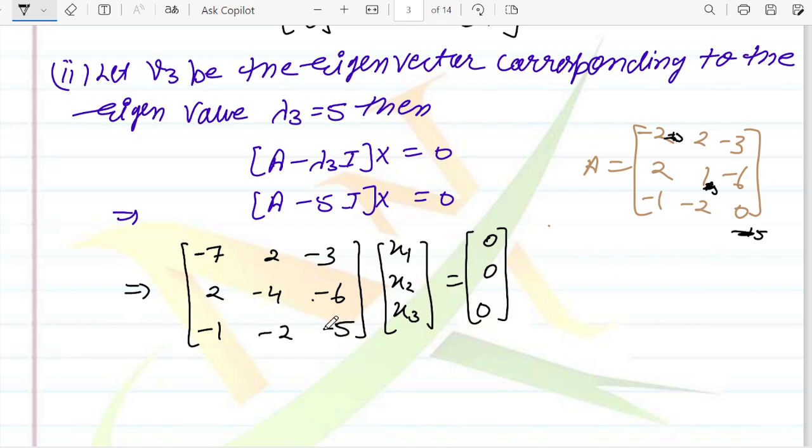Right, now applying the row operation, you see this is 1.